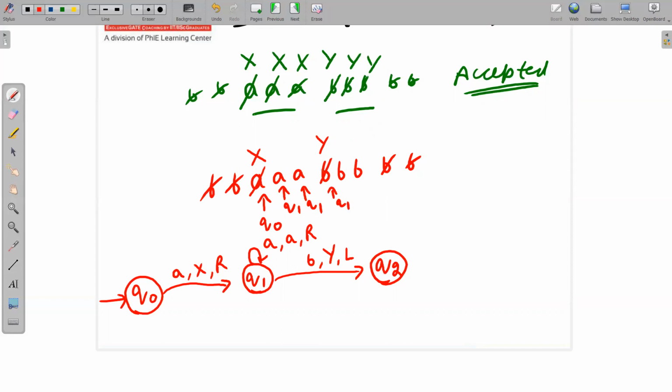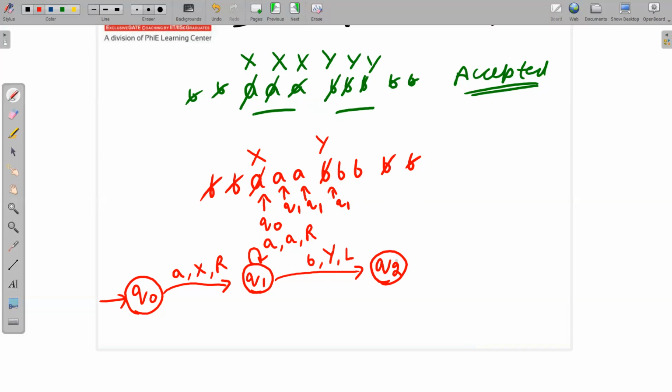Now Q1 has read this B, so I have made it Y and moved towards the left. Why am I changing the state here? Because the mindset has changed. Q0's mindset is to make A as X and move to the right. Q1's mindset is to ignore the A's, and as soon as it finds the first B, make it Y and move towards the left.